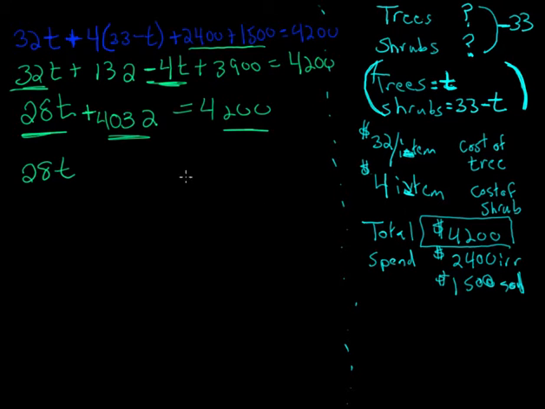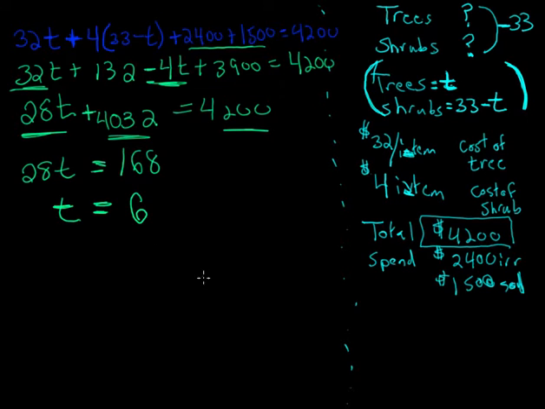So I want to subtract 4,032 from both sides. And I get 28t equals 168. Divide each side by 28, and they're going to plant 6 trees.